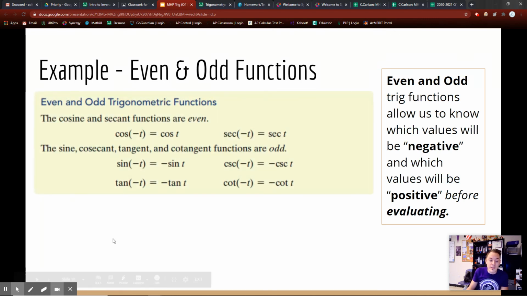Well, these are my functions, my definitions. We really don't use these that much. So if you're getting overwhelmed, like this is a lot of formulas, honestly, guys, we really don't use these much. To be perfectly honest, I don't use them that much. Now, there are some questions on Math Excel, probably 2 or 3 on your homework, that will ask you to go through the even and odd trigonometric definitions.